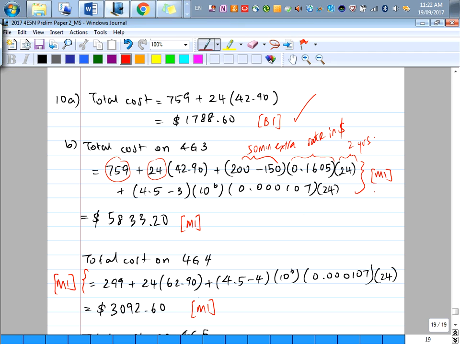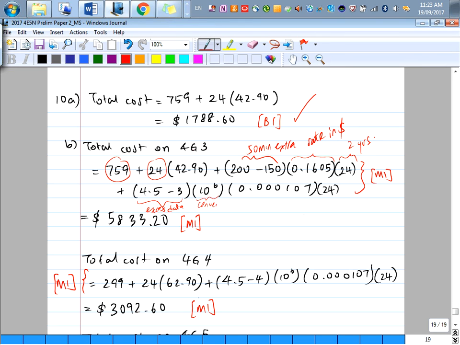Then we have to consider his data usage. He uses 4.5 gig a month. His plan only gives him 3 gig a month. So this is excess data. Why is that 10 to the power 6? Because 1 gig is equal to 1 million kilobytes. Okay?